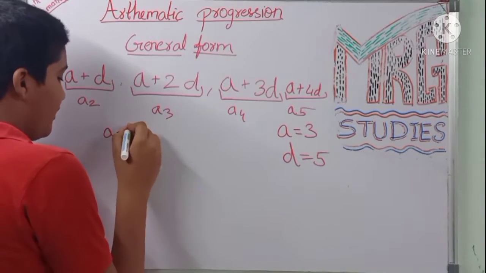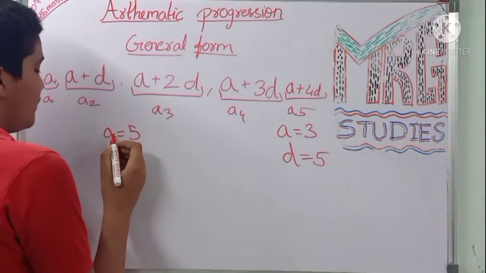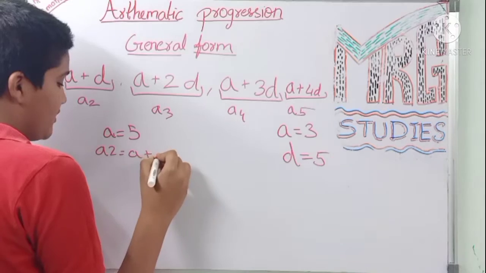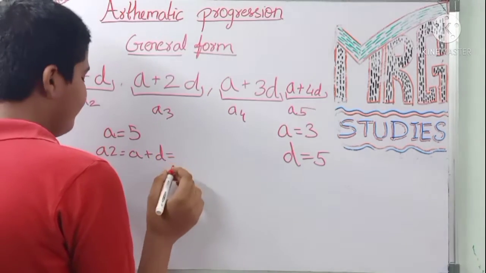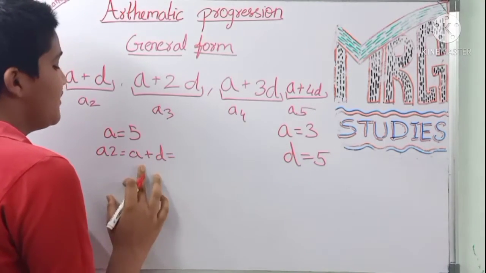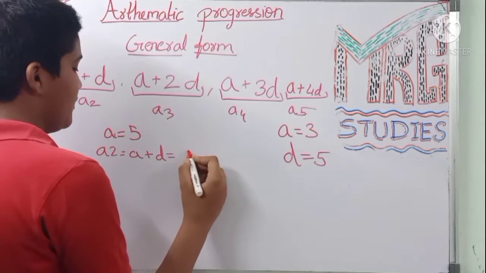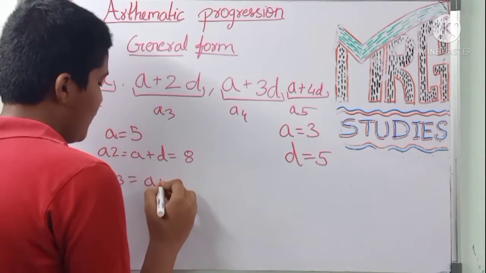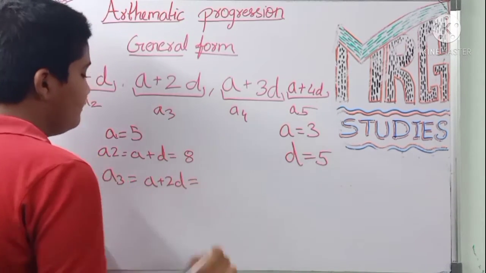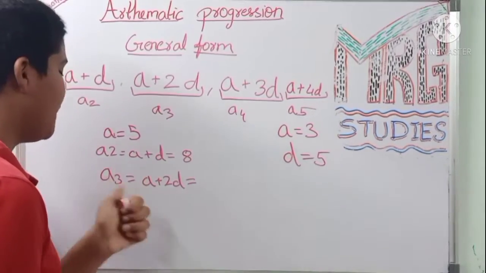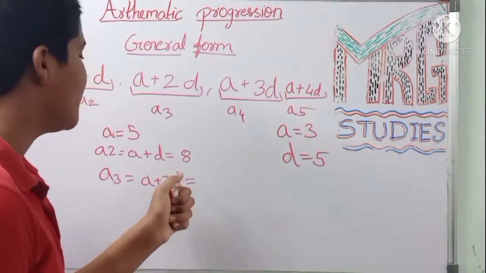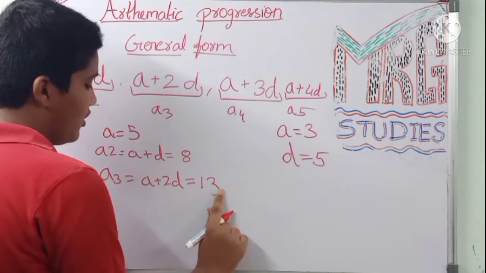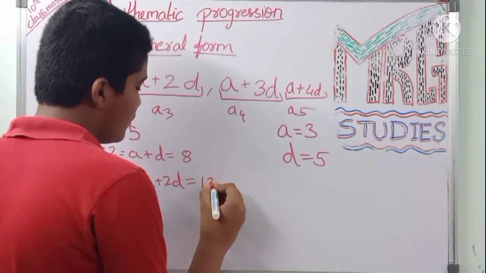Now a equals 3, first one we got a1, and a2 equals a plus d, so a plus d means 3 plus 5. So we got 8. And a3 equals a plus 2d, so here a is 3 and d is 5. 2 fives are 10, 13.